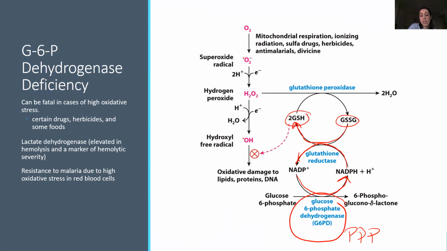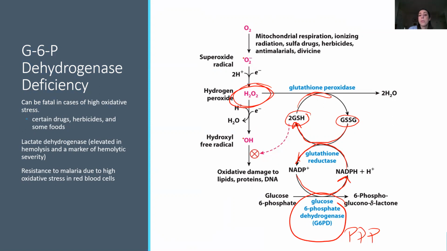And as you can see, this is going to combat things like hydrogen peroxide buildup, which is coming from any type of radicalization from oxidative stress in the mitochondria, ionizing radiation from UV, certain drugs, certain herbicides that you could ingest, certain foods in general.